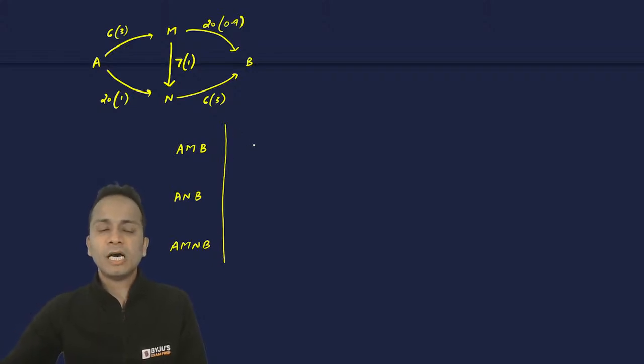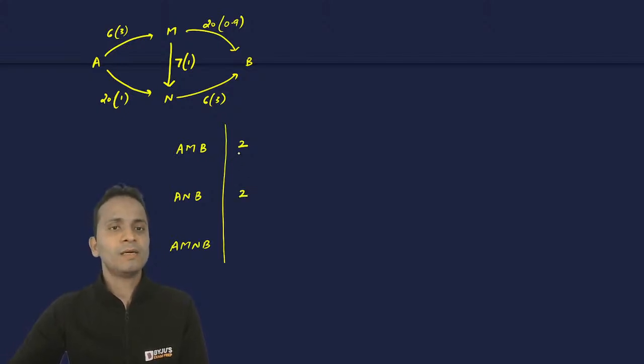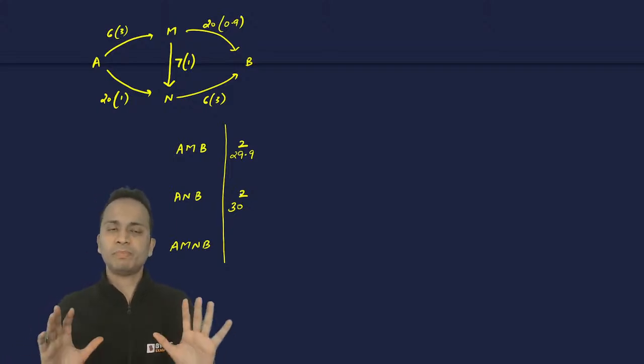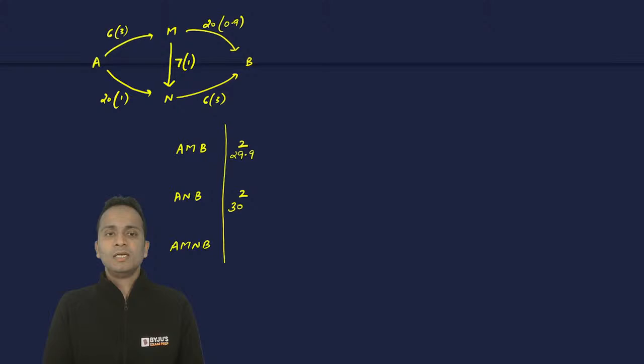Perfect. Now earlier we already knew that if two cars travel from here and two cars travel from here, from the first route the time taken will be 29.9, and from the second route the time taken will be 30 minutes. We know this already.